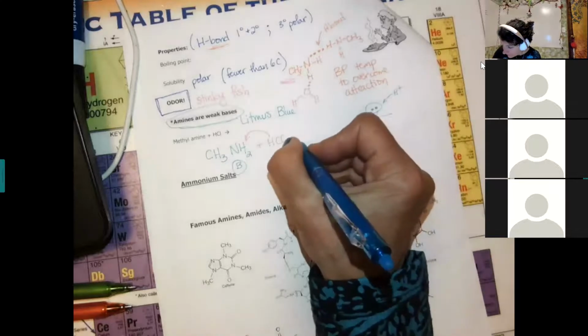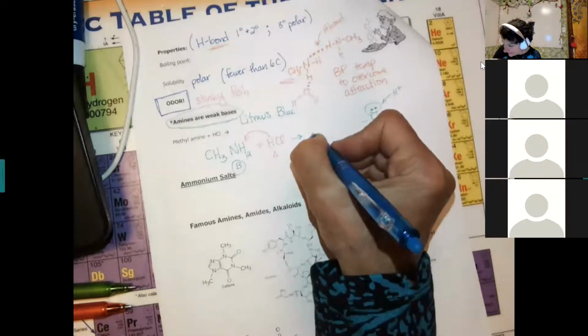So what you end up with is CH3NH3, and it's now going to have a positive charge because it picked up an extra hydrogen. Then the Cl is going to be Cl with a negative, and that is what an ammonium salt is.